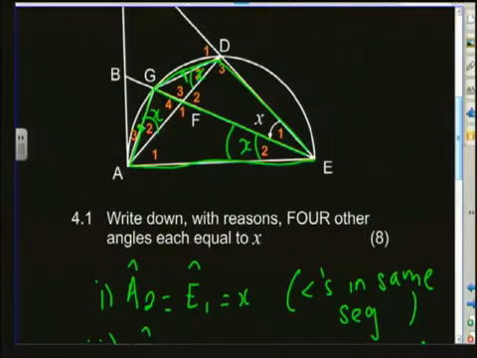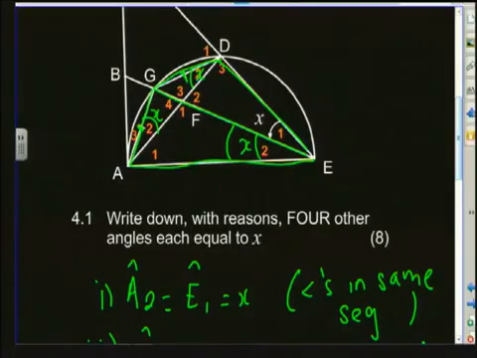So we just need one more in order to complete question 4.1. Remember, they told you that AC was a tangent to this circle. So therefore, using tan chord theorem, it means that A3 is going to be equal to E2, and the reason for that is tan chord theorem.